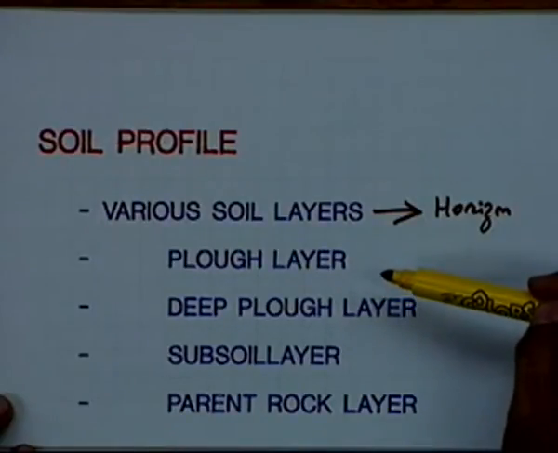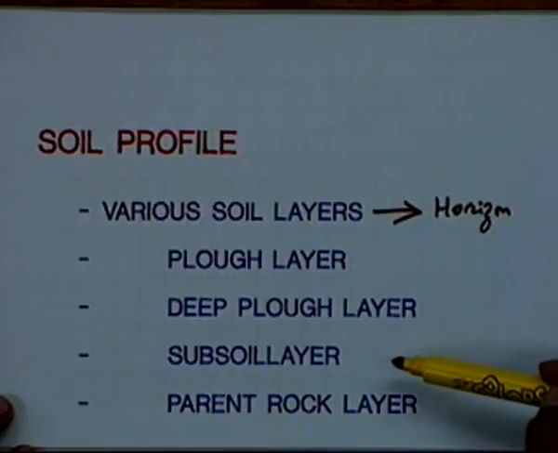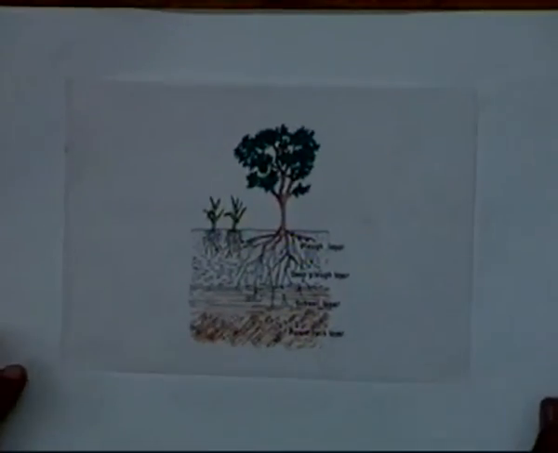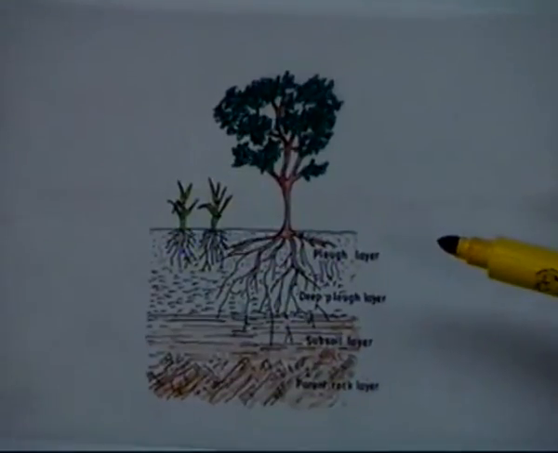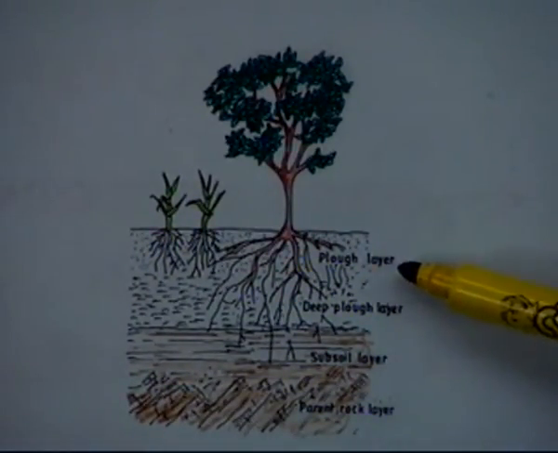They can be plough layer, deep plough layer, subsoil layer, and parent rock layer. Depicting that, you can have a look at this figure, which shows these typical layers.